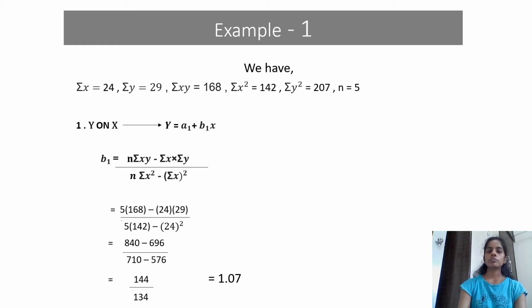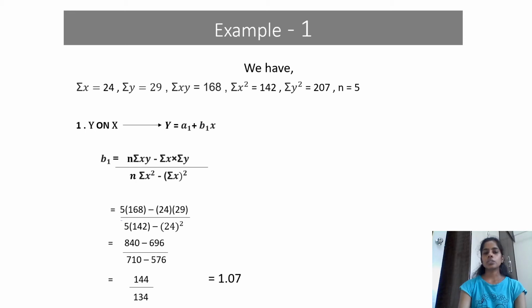So first we calculate b1. So b1 is equal to n into summation xy minus summation x into summation y, the whole divided by n into summation x square minus summation x the whole square. So we have n is 5, summation xy 168 minus summation x is 24 into summation y is 29, the whole divided by 5 into summation x square 142 minus summation x the whole square, 24 the whole square.